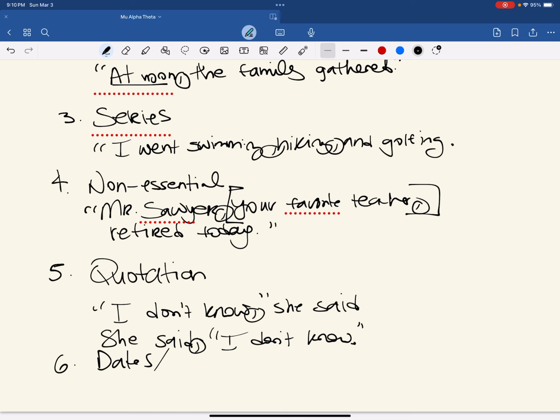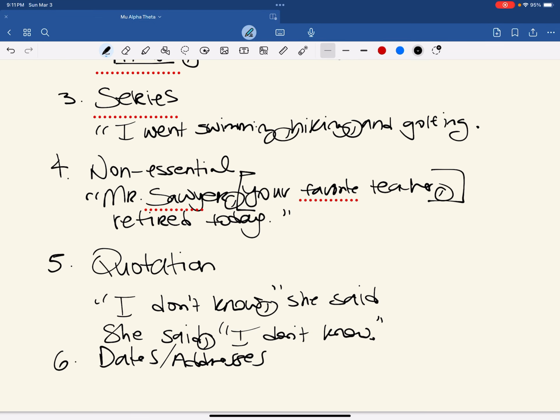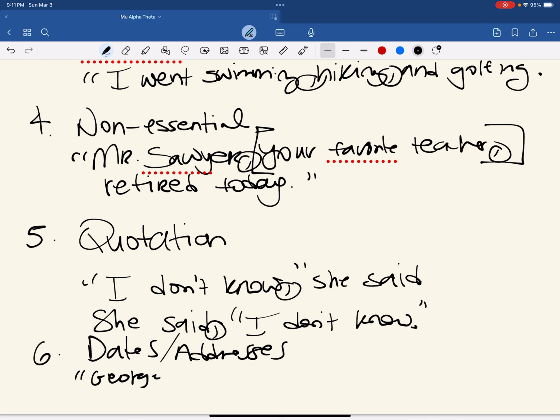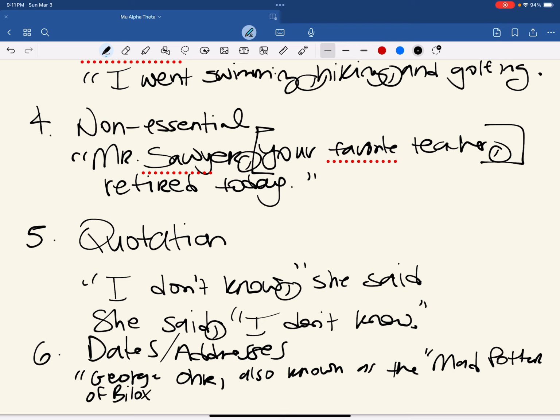And number 6, we have dates and addresses. So for instance, we would say George, also known as the Mad Potter, the Mad Potter of Biloxi, was born in Biloxi, Mississippi.